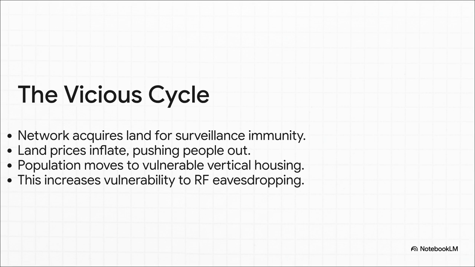Step 2, that drives up land prices, pushing regular people out. Step 3, those people are then forced into smaller, denser, vertical housing, think apartment buildings. And here's the crazy irony. Step 4, living in those dense buildings actually makes the general population more vulnerable to the very same RF eavesdropping, spying with radio waves, that the network is shielding itself from.